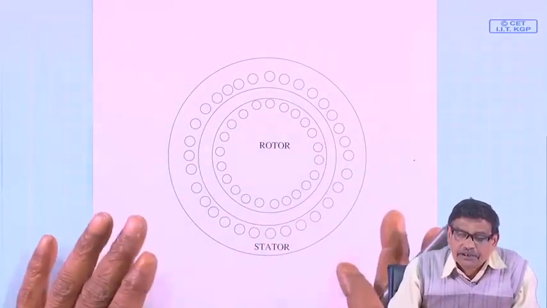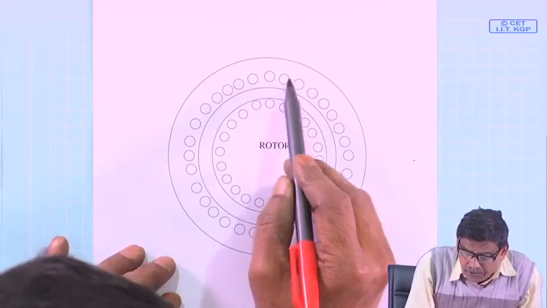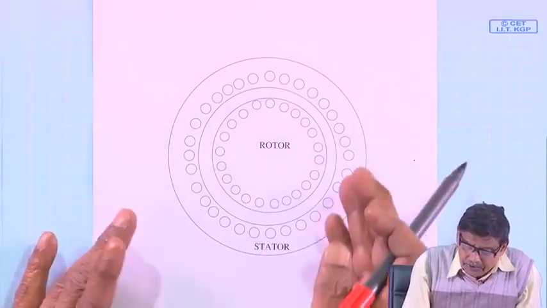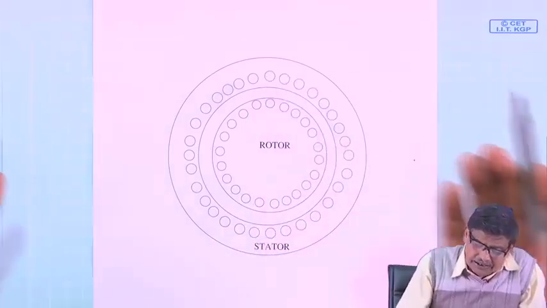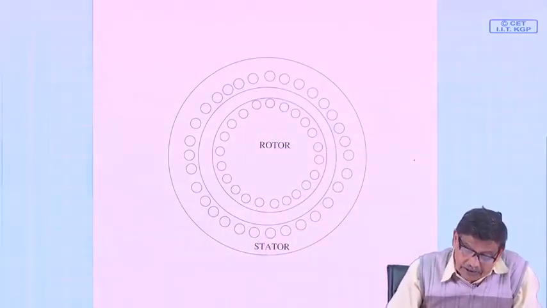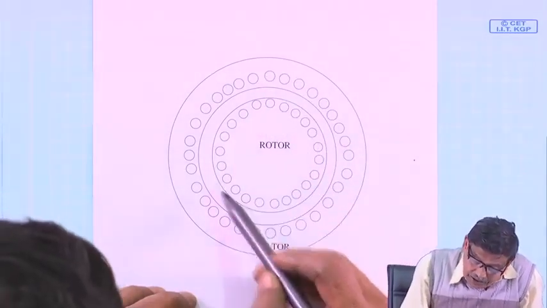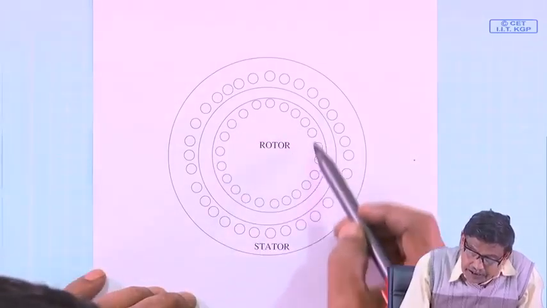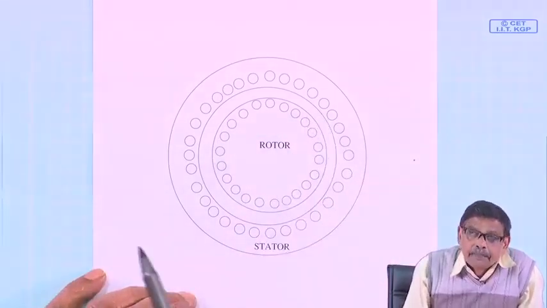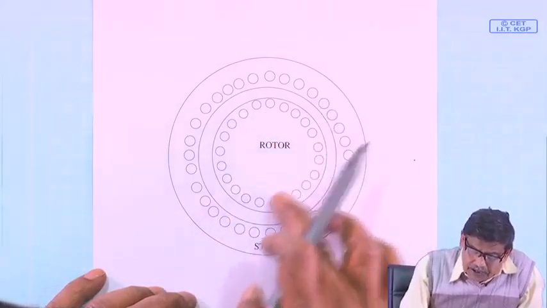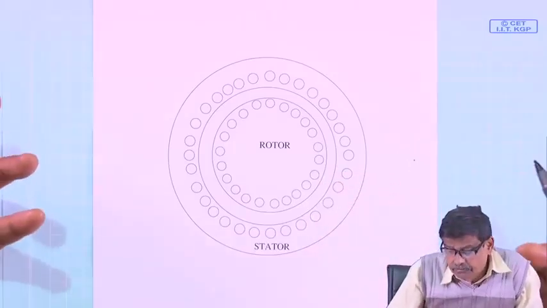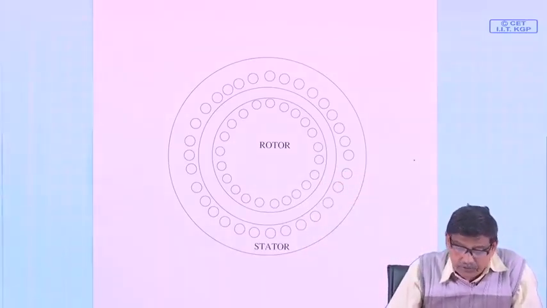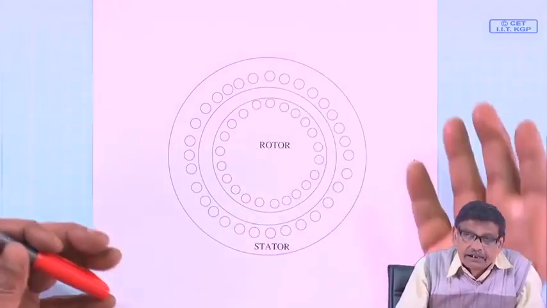These are the slots; slots I have also not drawn, just to indicate the conductors are important. These are coil sides. Similarly, here is the rotor, which also houses a 3-phase winding, and this is the air gap. Symbolically I have shown that, whether it is 3-phase or 2-phase, in these slots there are conductors.